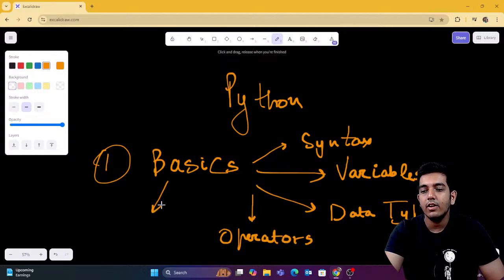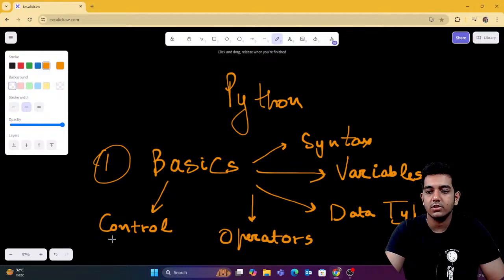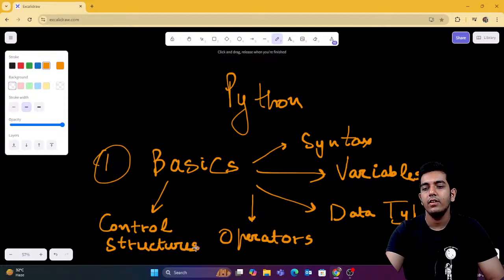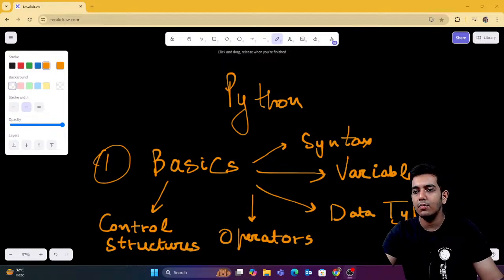Then you're going to learn about control structures like if, else, for loop, while loop, break statement, continue statement, and pass statement. So I'm just going to write here control structures. So this is what we are going to learn as a beginner.